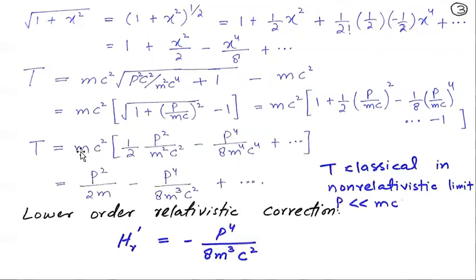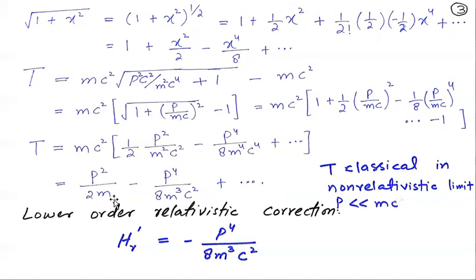So if I multiply this mc square into the brackets, all the terms in the brackets, you can see that p square over 2m and minus p4 over 8m cube c square, and so on. So in the classical limit, the non-relativistic limit in which the momentum of the particle is much smaller than mc, in this limit all the higher order terms will vanish, and the dominating term will be p4 over 8m cube c square.